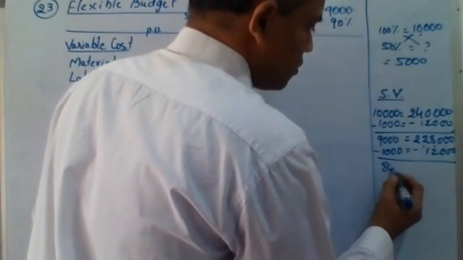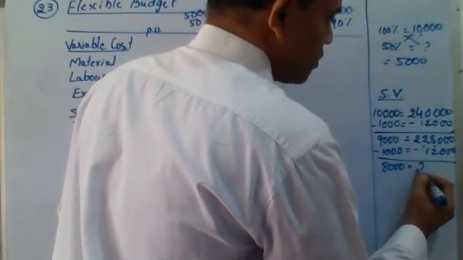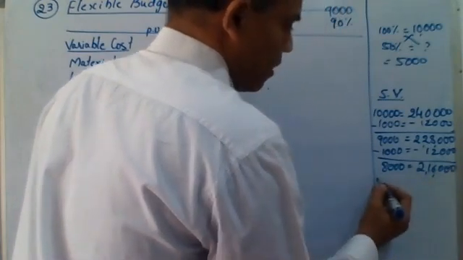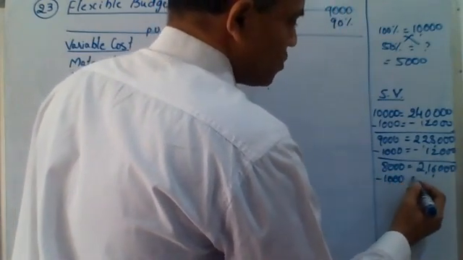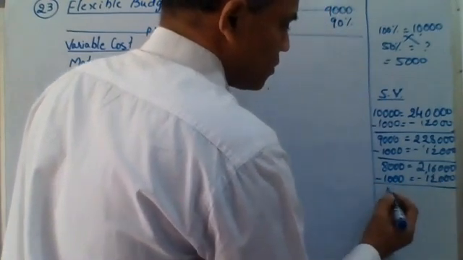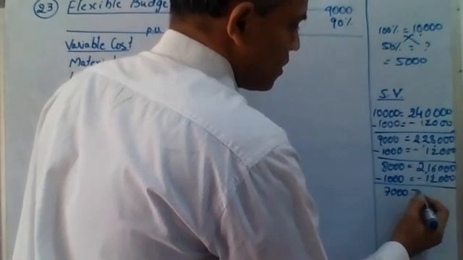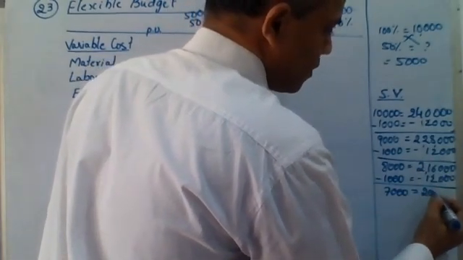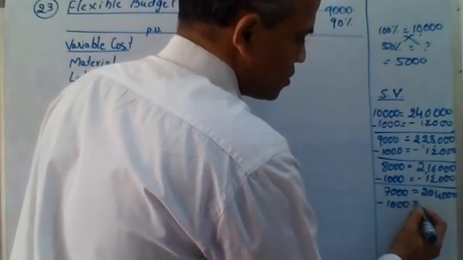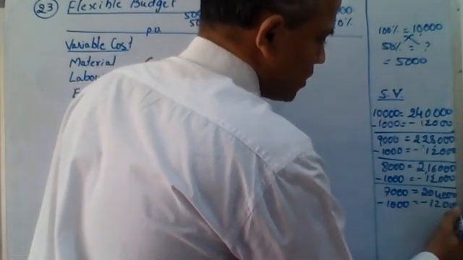So for 8,000 units, your cost will be 2,16,000. Another 1,000 units reduced, this will come down by another 12,000. So for 7,000 units, your cost will be 2,04,000. Another 1,000 units is reduced, this will come down by another 12,000.